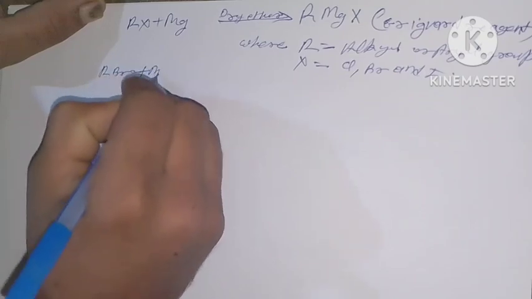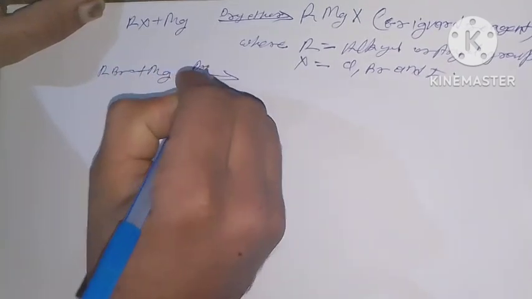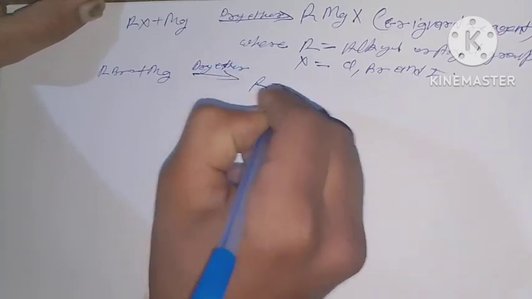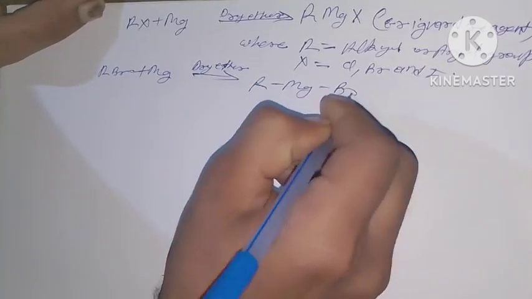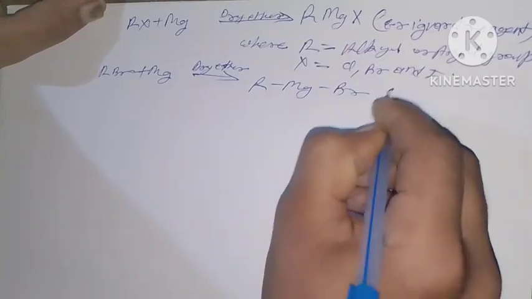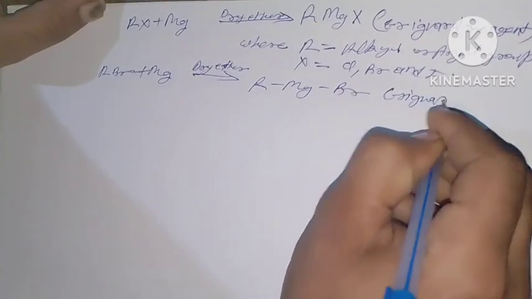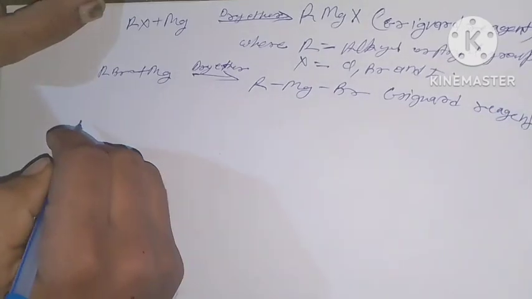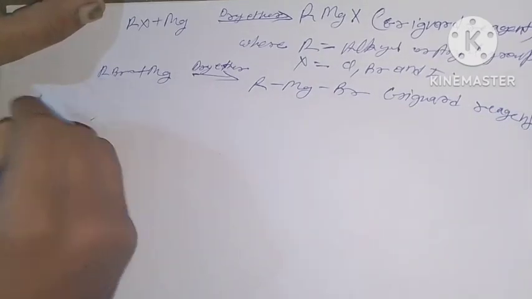RBr plus magnesium in dry ether gives RMgBr, Grignard reagent.